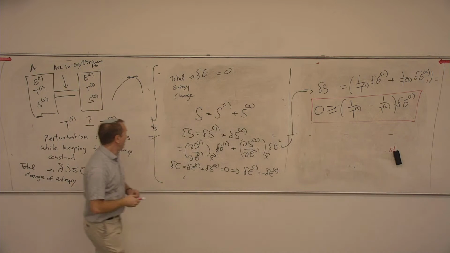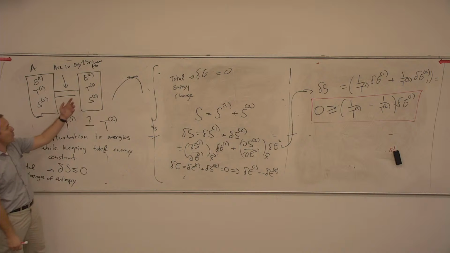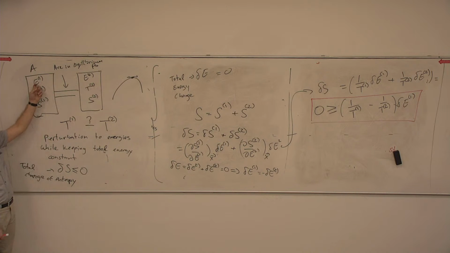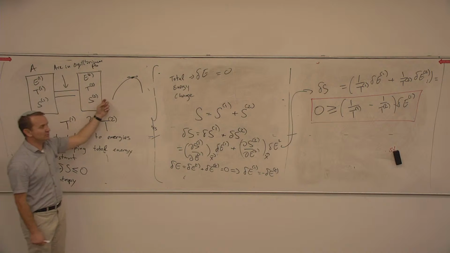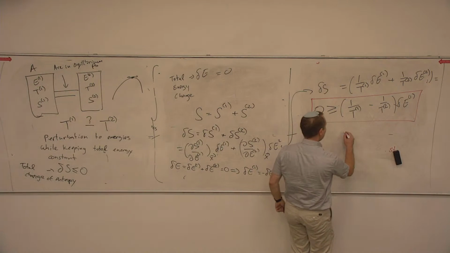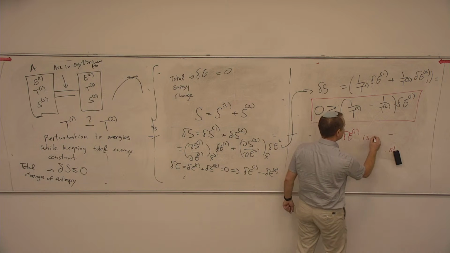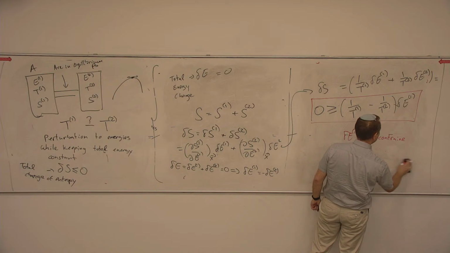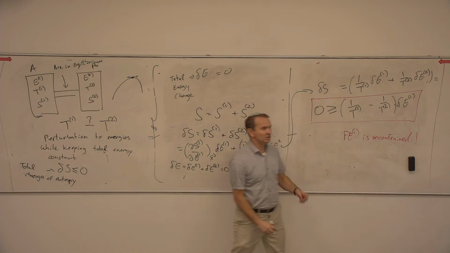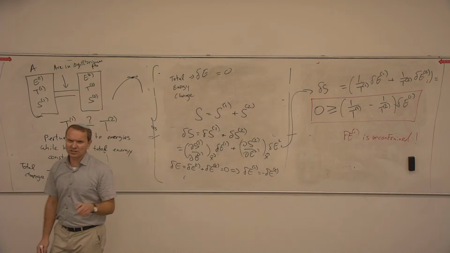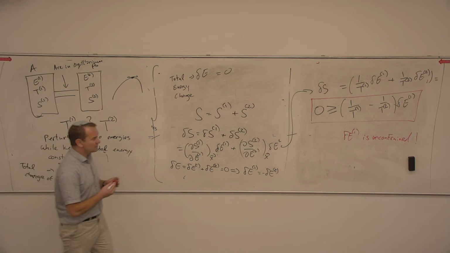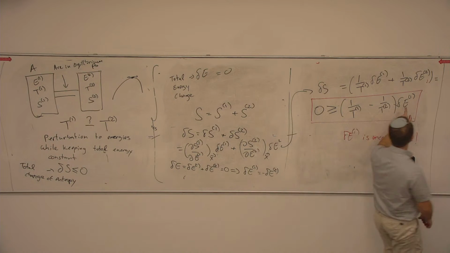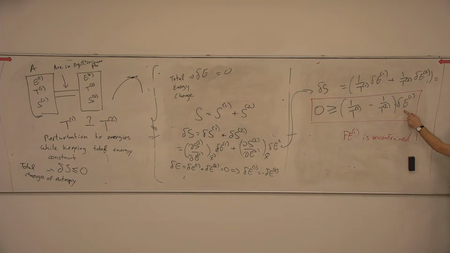Now, I haven't said anywhere how much of the energy I moved from system 2 to system 1, or from system 1 to system 2. So delta E1 is unconstrained. It can be positive, it can be negative, whatever I like. But this equation has to be always satisfied no matter what the value of delta E1 is.